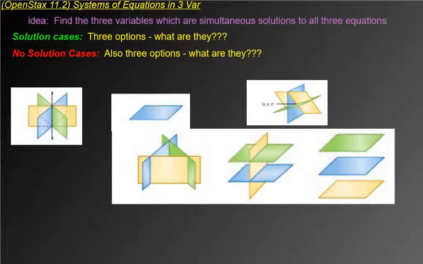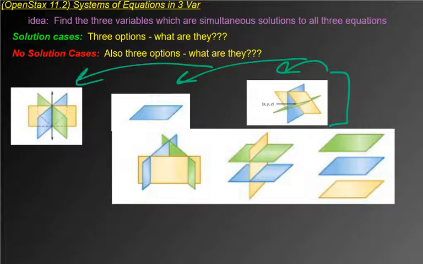So we don't usually go to higher dimensions, but in three dimensions we can definitely visualize it. The solution cases are basically these three. The first is that all the planes are rotated around a common line of intersection, and that line becomes the solution.